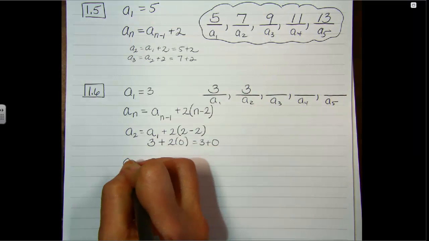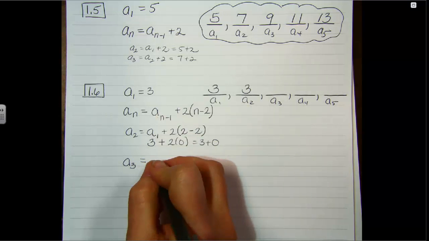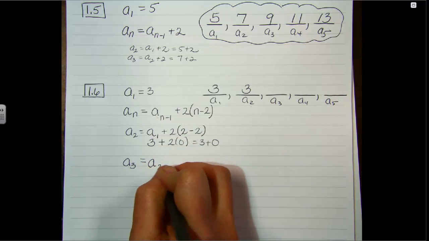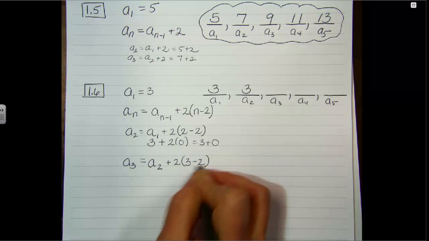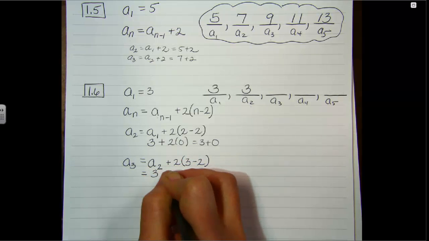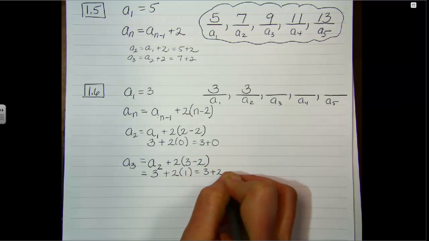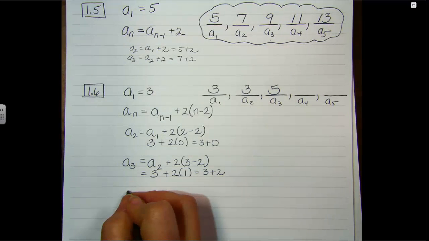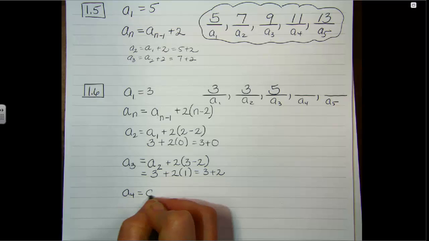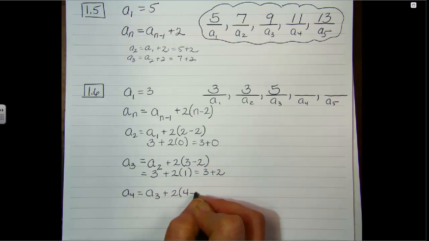A sub 3, the third term of this recursive sequence, is equal to the term before it, a sub 2, plus 2 times the third term we're on, 3 minus 2. Second term was 3, plus 2 times 1, 3 plus 2 is 5. I'm not seeing a real pattern here, so I'm going to do some more substitution. A sub 4 is equal to the term before it, the third term, plus 2 times 4 minus 2.